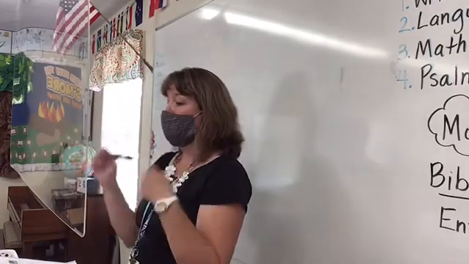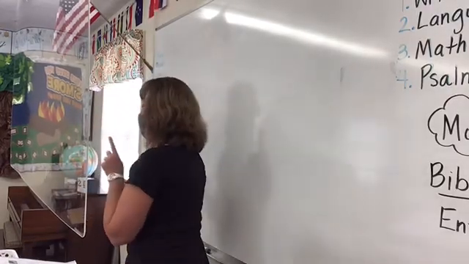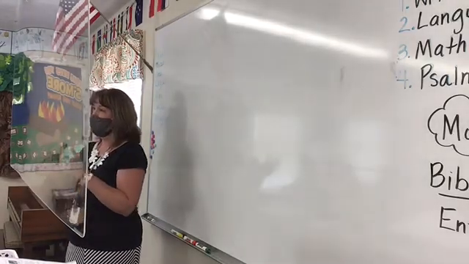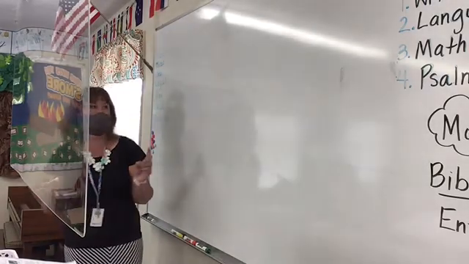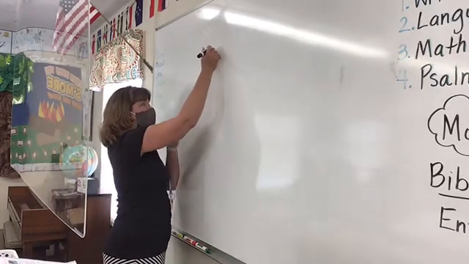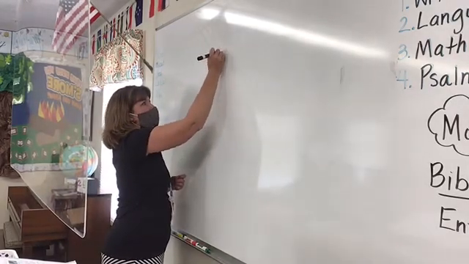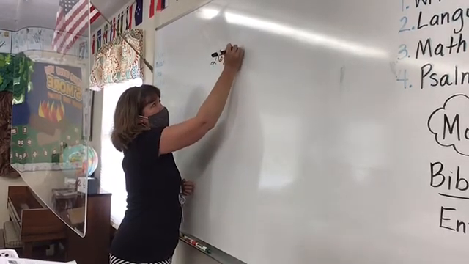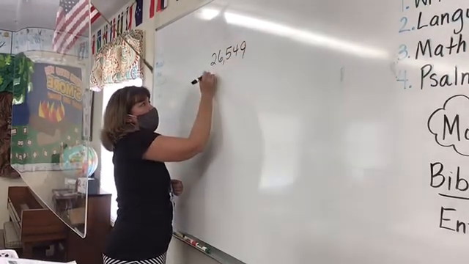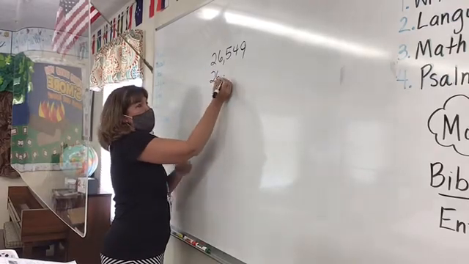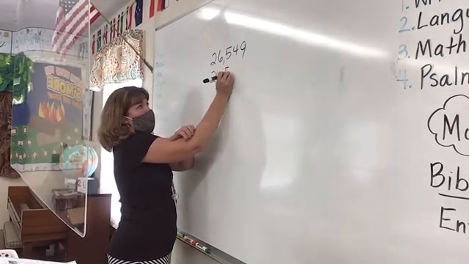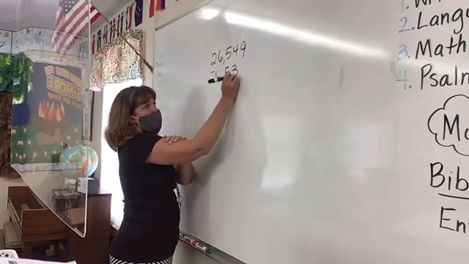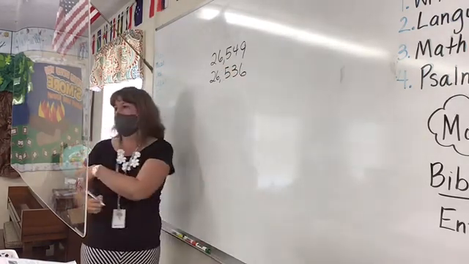Okay, so now there was something neat that was on one of your activity pages that I actually didn't teach you. But I thought it was a great idea. So let's pretend you have 26,549 and 26,536. Okay?